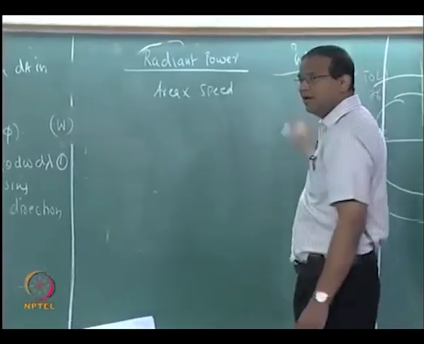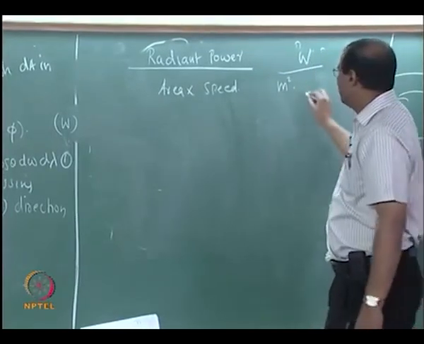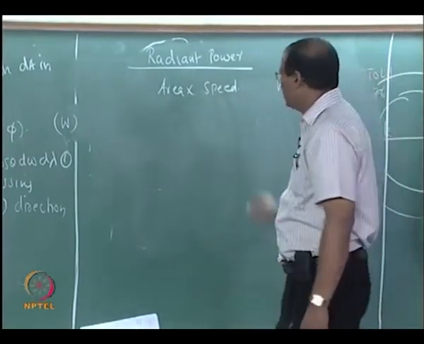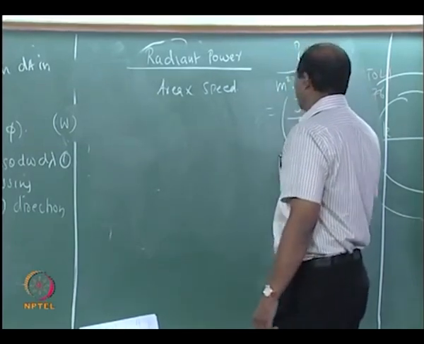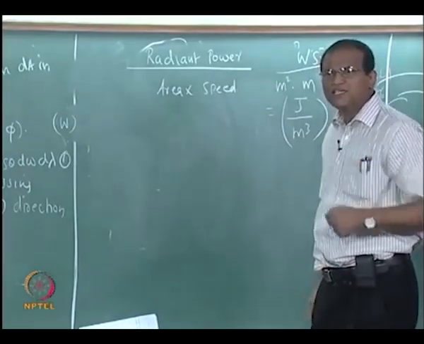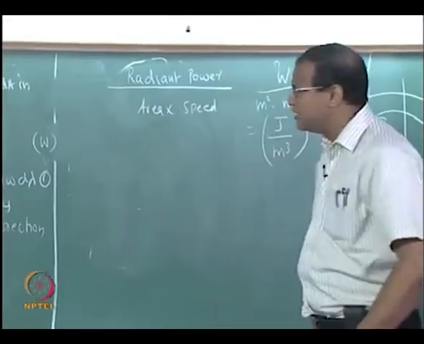Watt per meter squared meter second. What is the watt second? Joules per meter cube. Thermodynamically, what does joule represent? Energy. Energy divided by meter cube can represent energy density.